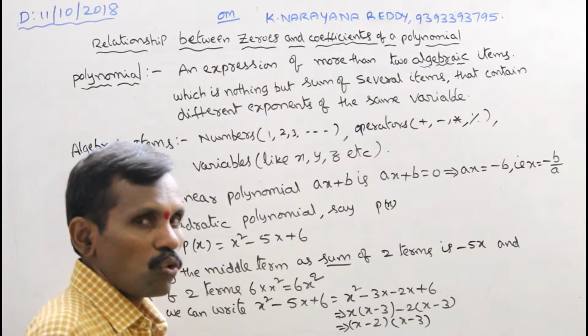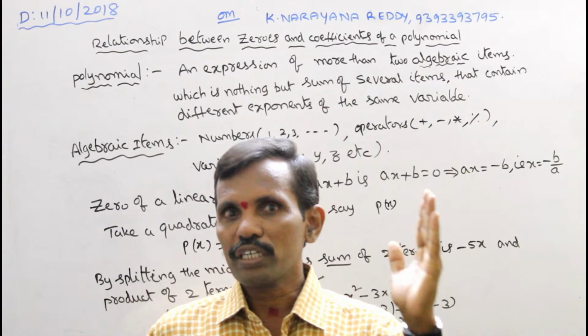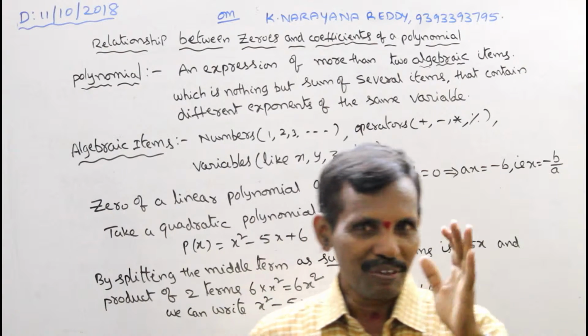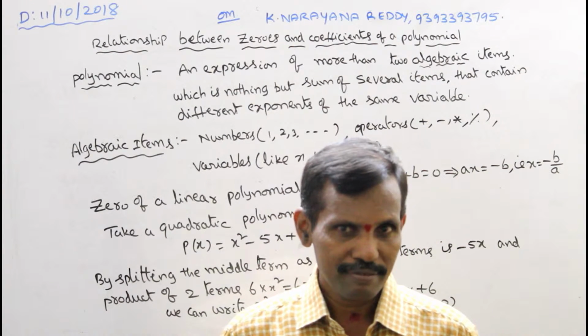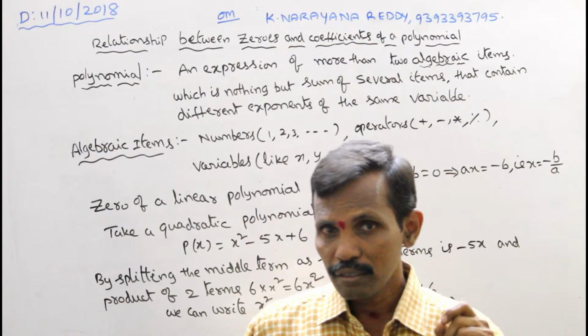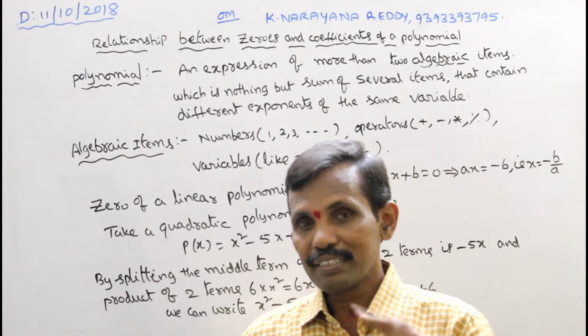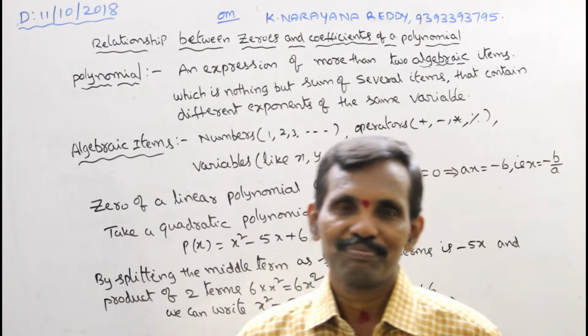What is the difference between a quadratic expression and a quadratic polynomial? Very important one. Already you know what is meant by expression; I told you in the last class. A polynomial is nothing but more than two items, but an expression can contain a single item also.